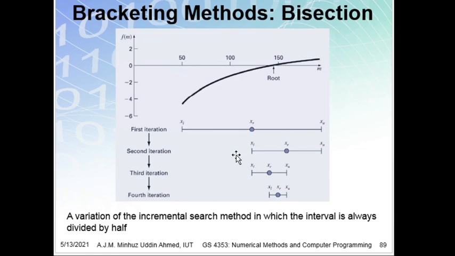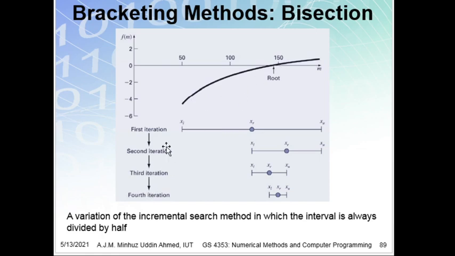What is the bisection method? The main thing is that this will be a bracketing method. Obviously, as you can see, there is a lower limit and also an upper limit. Within these two the root will be lying, we know, but at which point the root will be lying is our main concern. So we need some iterative techniques so that we can get close to the original solution.